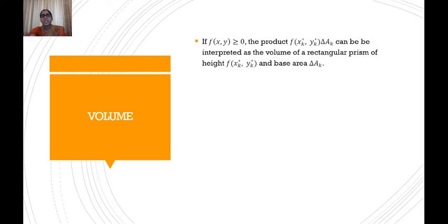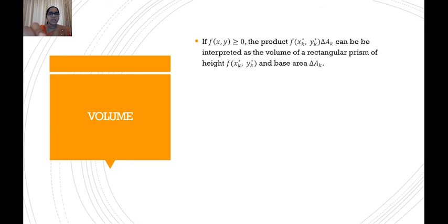If f of x,y is greater than or equal to 0, then we can interpret this product, that is f of x_k star, y_k star into delta A_k, as the volume of a rectangular prism of height f of x_k star, y_k star and base area delta A_k.